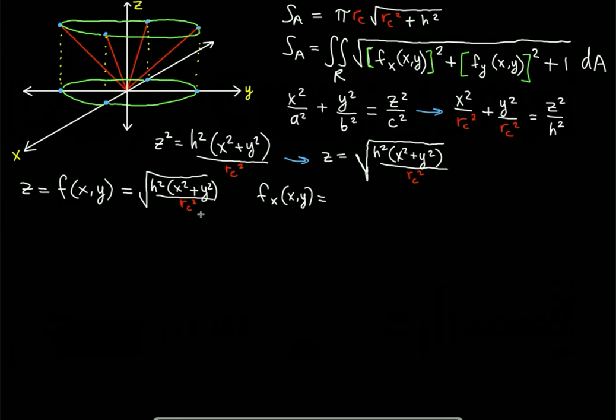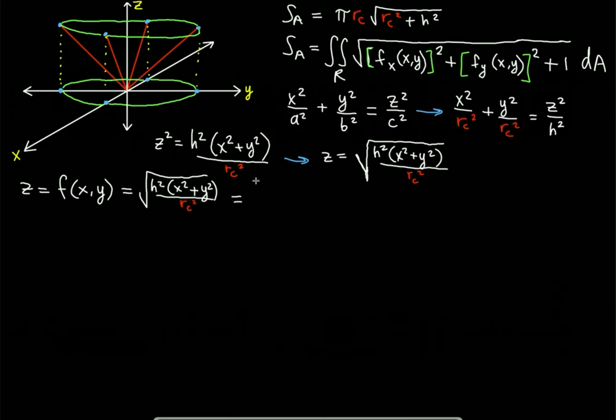Basically, before we do that, let me actually erase that for a second. I want to simplify this a little bit more. As you can see, h squared over rc squared can be taken out because the square root of the h squared is h, and the square root of the r subscript c squared is rc, right? Because both of these guys are squared. Square rooting them means we can take them out.